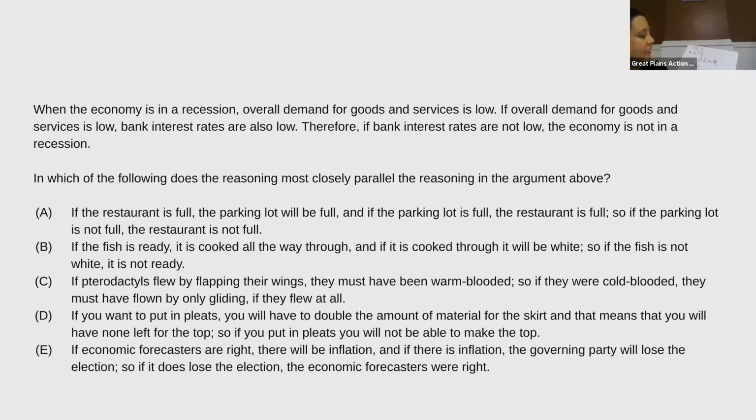Oh, look, and we can see how the structure is the same. We have hypothetical syllogism, and our conclusion is a transposition of that. All right. So B is our answer.